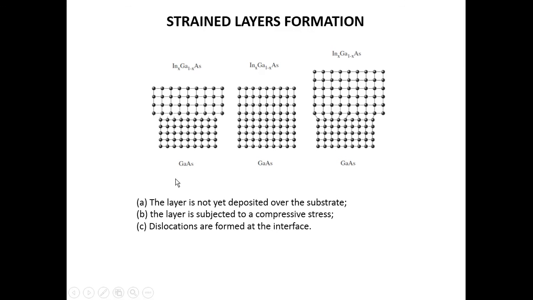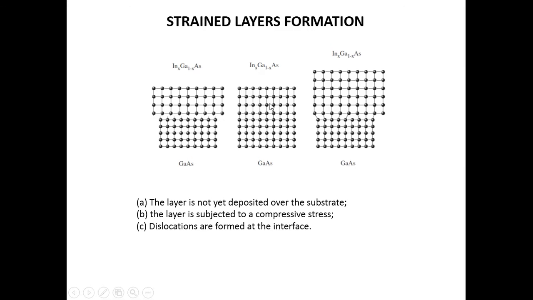Here, in the first case, the layer is not deposited over the substrate; the layer is separate. This is the lattice structure for indium gallium arsenide, and this is for gallium arsenide. So the independent lattice structures are shown here. Now the layer is subject to compressive stress.